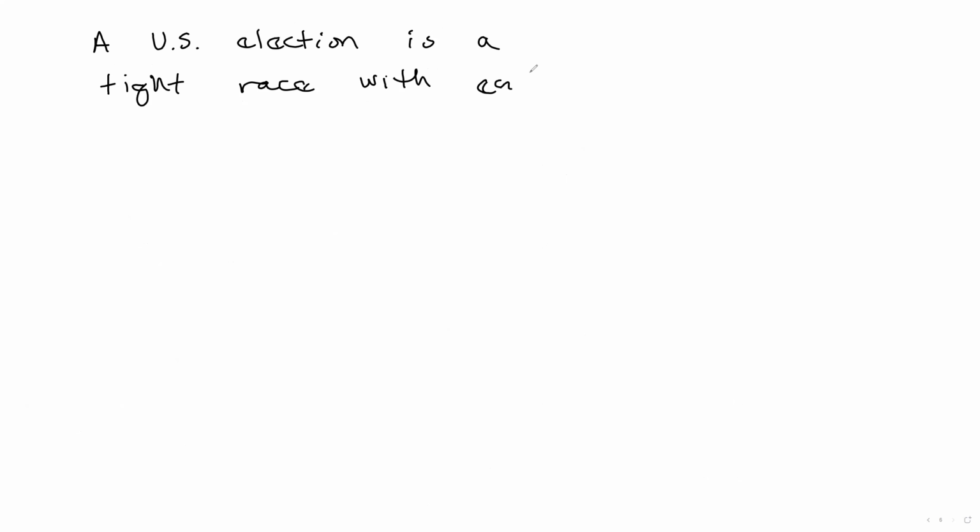All right, so suppose a US election is a tight race, with each candidate having 50% in early voting.